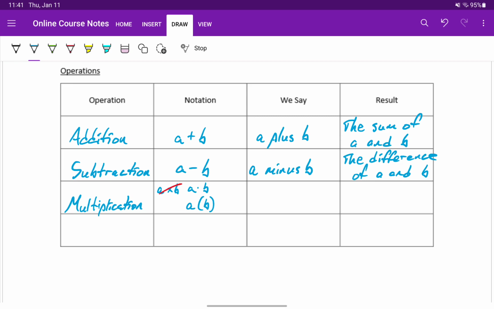Even though we don't put a specific operator in there, it's implied that with those parentheses, we're multiplying those two values together. We would read either of those statements as a times b, and evaluating that would find the product of a and b.